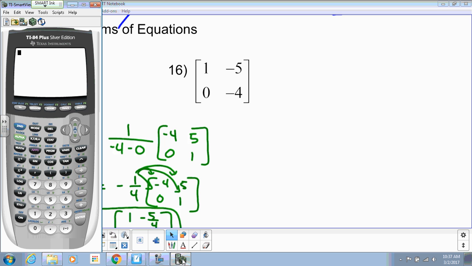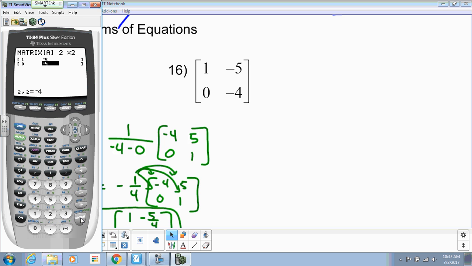So you want to go to matrix and enter your original one. That's a 2 by 2, so I go to edit and I want a 2 by 2. So 1, -5, 0, -4.